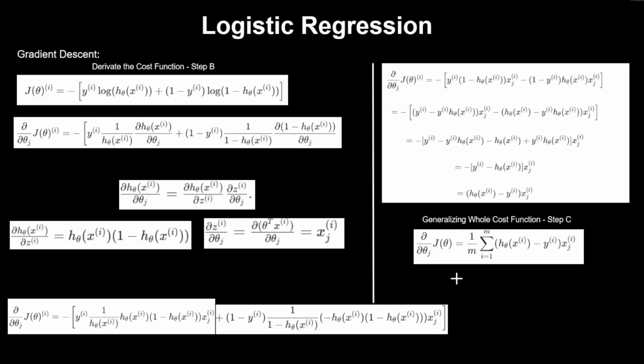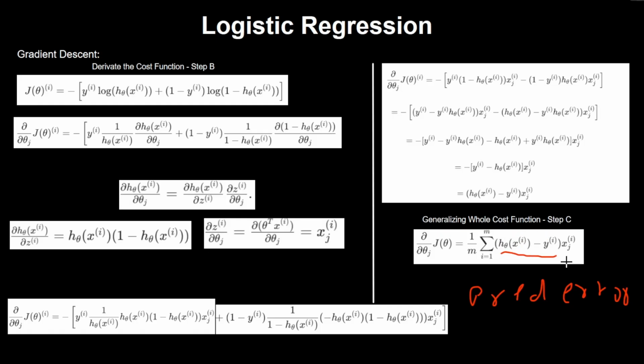This is an elegant formula, and it has a powerful intuition. We have this term, h theta of xi minus yi. It's the prediction error. Why? Because this is the predicted value, and this is the actual label yi.